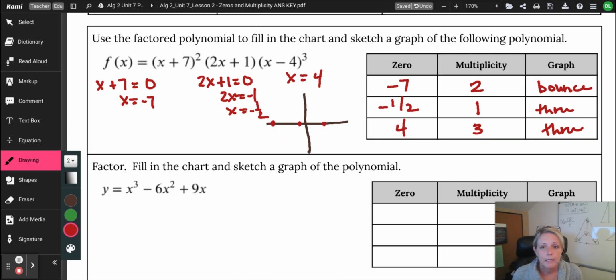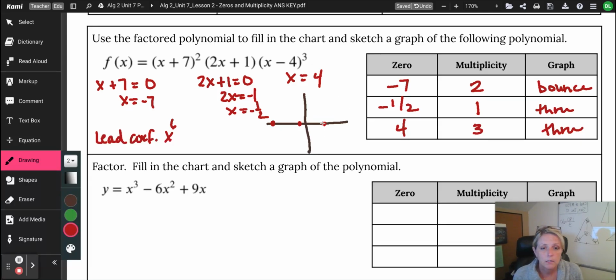I know that if I have x squared times a 2x, that's going to be x to the third, and then another x to the third is x to the sixth. So my leading term is going to be x to the sixth. And it's also going to be positive, because this is positive and this is positive.